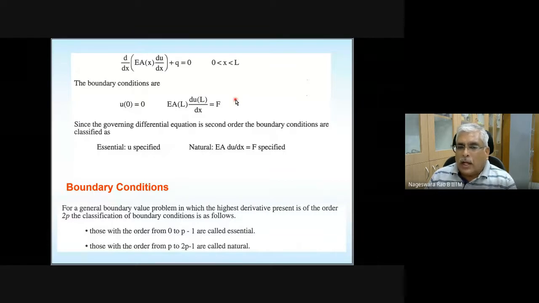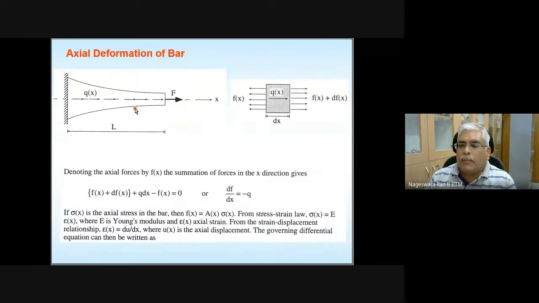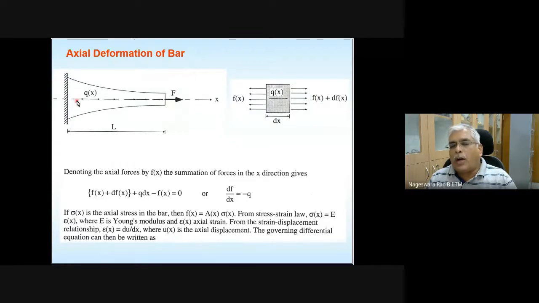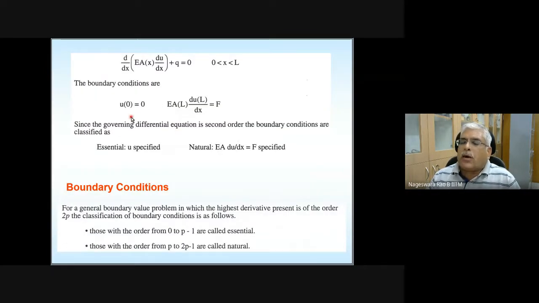Okay, so now why is this called essential boundary condition? Let's see the problem. This bar is held at this point. If this bar is not held at this point, what is going to happen? Unless you apply an equilibrating force, it's not going to be stable. So this boundary condition is called essential because of that. It is essential.